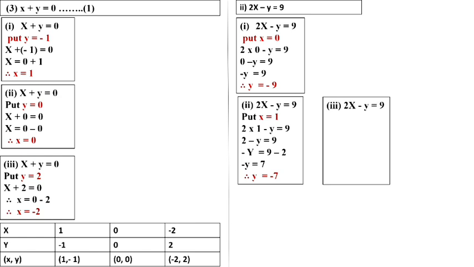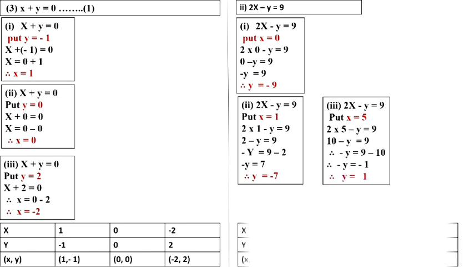For the third one, here we will take x value 5. 2 into 5 minus y equal to 9. 2 fives are 10, minus y equal to 9. So 10 will go to the right side and become minus 10. Minus y equal to minus 1. So minus minus cancels, therefore the y value equals 1.